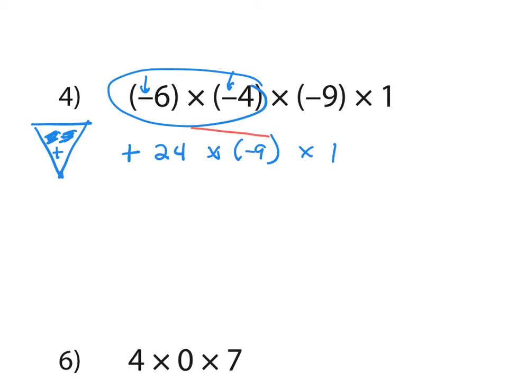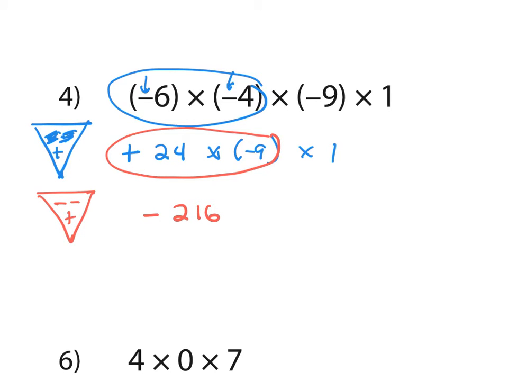So this time, we're going to take 24 times negative 9. So we're going to draw another Murphy-Dillon head. What is the sign of the product, which means the answer, of positive 24 times negative 9? The answer is negative 216.